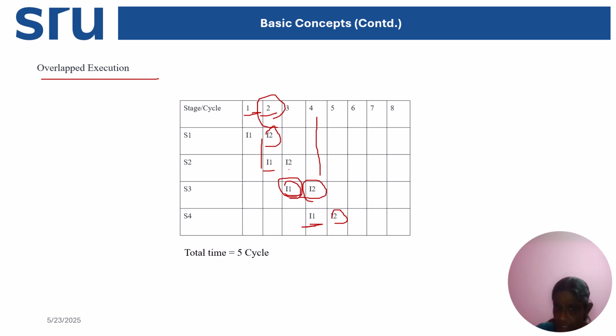So in the fifth clock cycle, there are no more stages of instruction 1, because at 4 it was entirely completed, and in clock cycle 5 only the fourth stage of instruction 2 is getting executed.